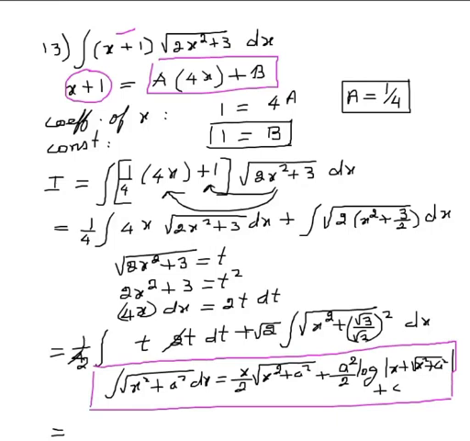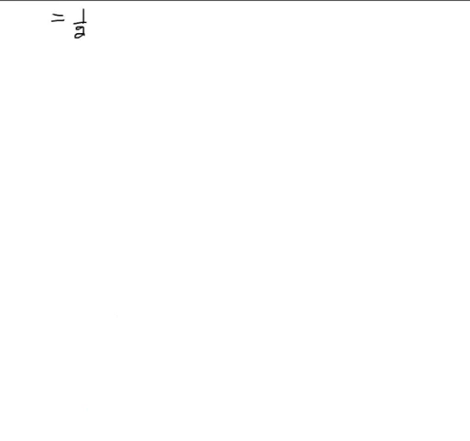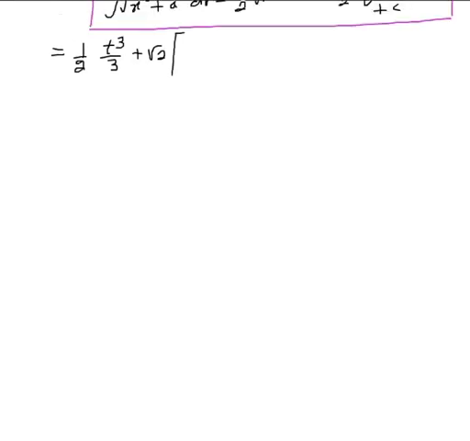The first term is t square. Integral of t square, half is there outside. Integral of t square is t cube by 3. And this is root 2 times, apply this formula, x by 2 root of x square plus 3 by 2.